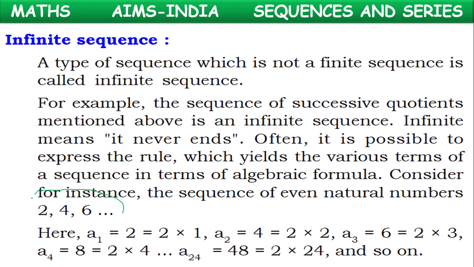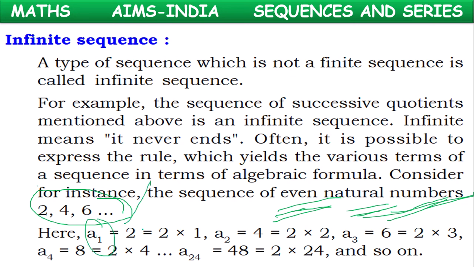Suppose you take this sequence 2, 4, 6, it is a sequence of even natural numbers where A1, the first element, is 2, which can be written as 2 into 1. A2, the second element, is 4, which can be written as 2 into 2. A3, the third element, can be written as 2 into 3. As it is the third element, we multiply 3 with 2.